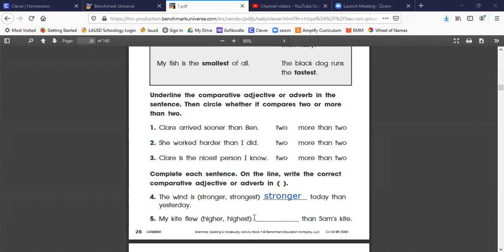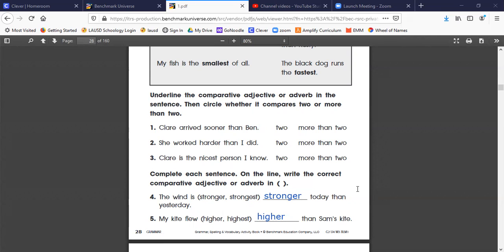That's two things. So again, we're going to use ER. H-I, whoa, ER. Let's move that over. My kite flew higher than Sam's kite.